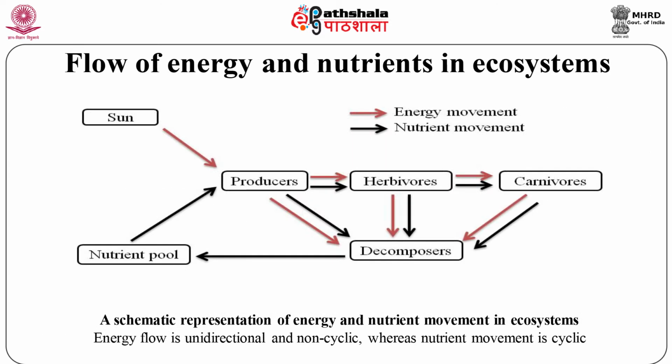This slide shows a schematic representation of energy and nutrient movement in ecosystems. Energy flow is unidirectional and non-cyclic, whereas nutrient movement is cyclic. Energy flows from the sun to primary producers, to herbivores and then to different levels of carnivores, generally termed as trophic levels or the trophic structure of the ecosystem.